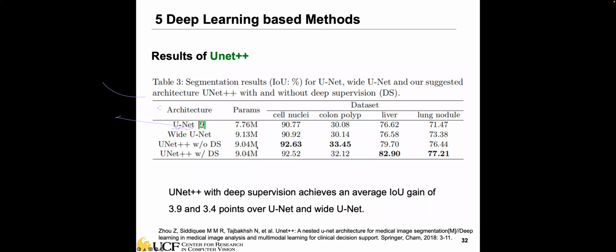For UNet, they have 7.76 million parameters. For UNet plus, they didn't increase a lot, only maybe 1.3 million parameters, but they were able to gain a substantial improvement in terms of IOU performance.